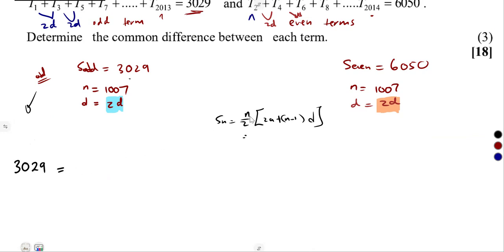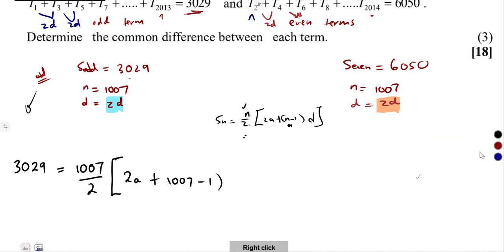That must be equal to n over 2. We have the number of terms, n is 1007, over 2, into 2a. We do not know our a, our first term, so we're just going to write 2a plus n minus 1, where n is 1007, minus 1 times d.